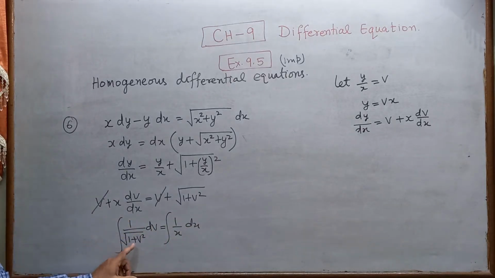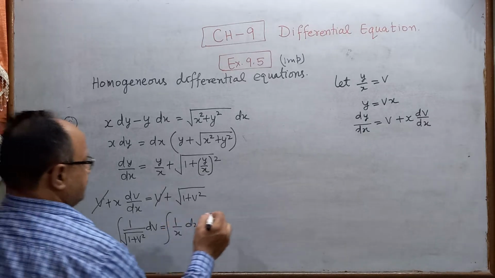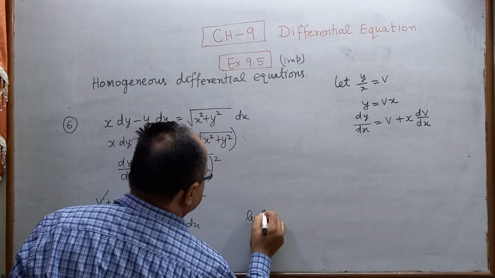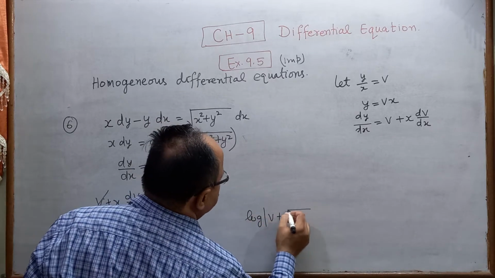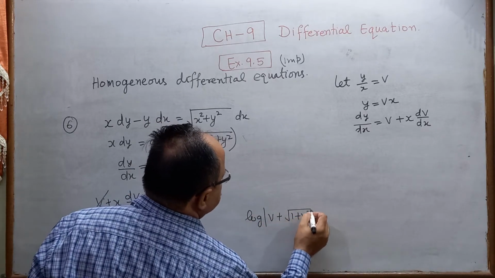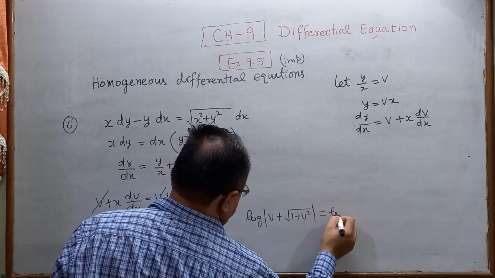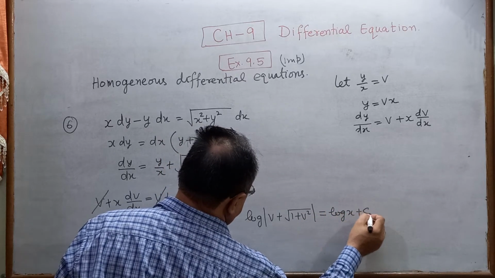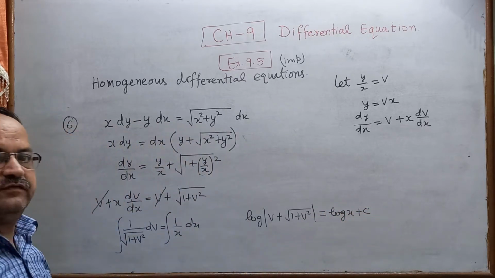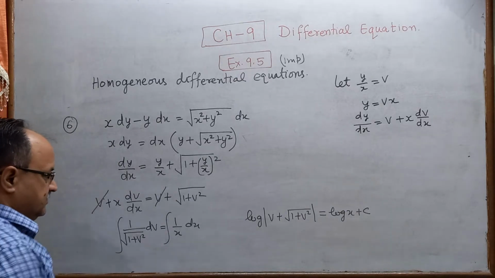Integration formula you know, 1 upon root x square plus a square, that is the formula. Log v plus root 1 plus v square is equal to log x plus c. Now put the value of v.